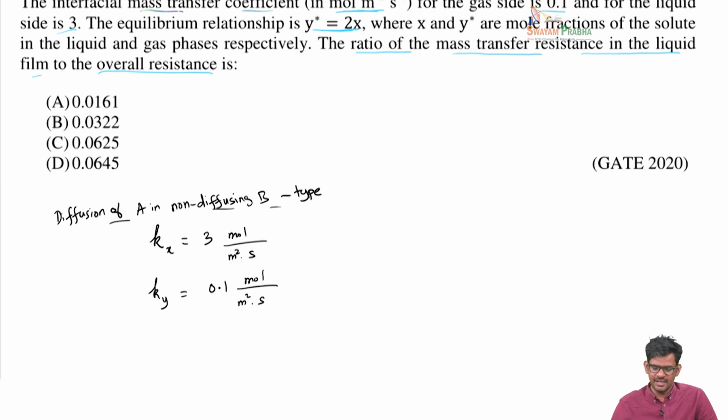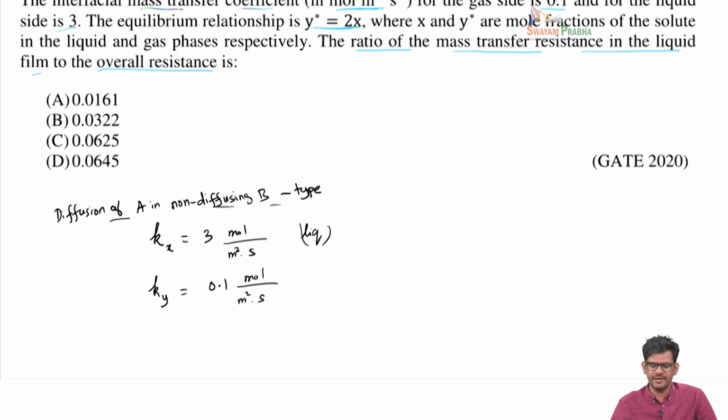Second, I looked at the units of the mass transfer coefficient. It's given in flux units, mole per meter square per second. It also means that the concentration units are in mole fraction. Even though mole fractions are also given there, you still have to infer the mole fraction units from the mass transfer coefficient also. So if I have a liquid phase with mole fraction as the concentration unit for A diffusing, non-diffusing B, I have been using in the last few classes this notation small kx, x referring to liquid phase mole fractions.